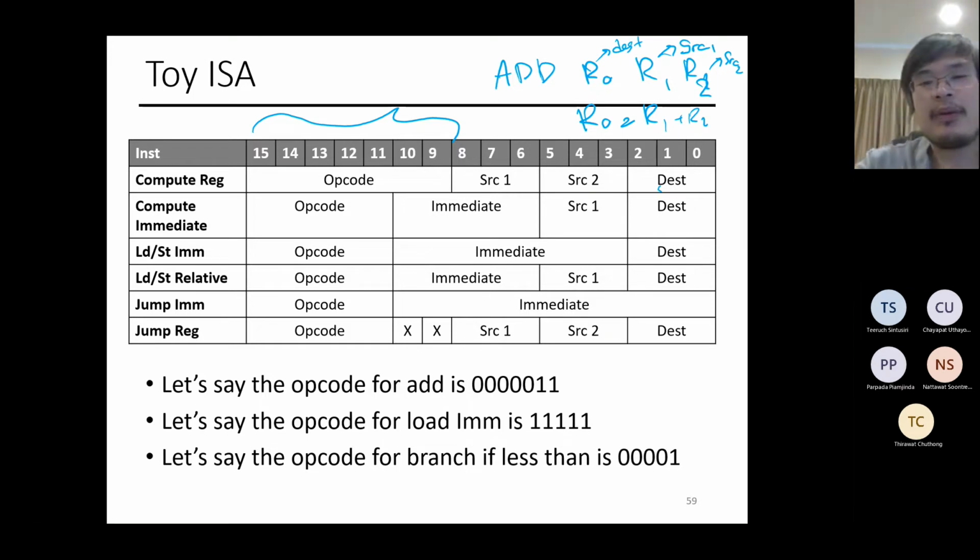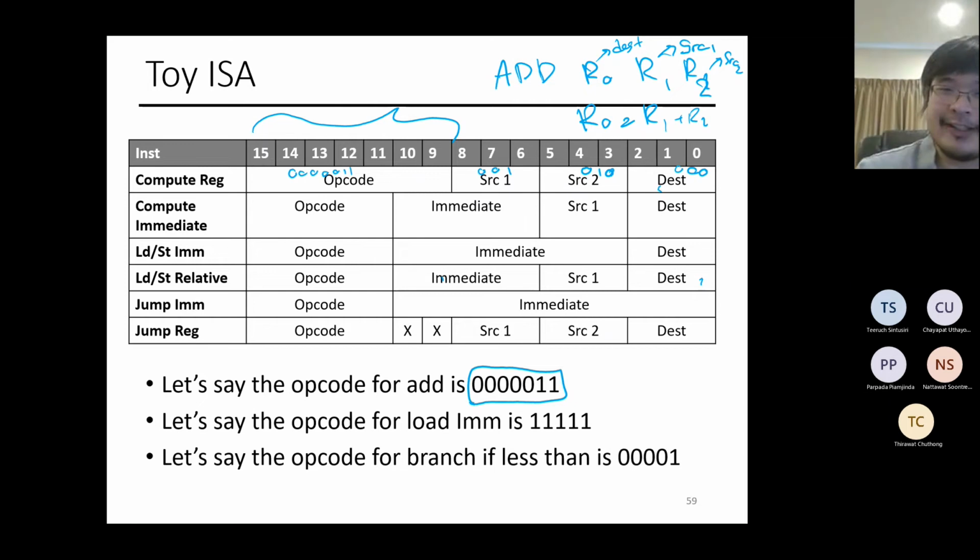And I just said the opcode for the add is 0000011. So what is the binary for this instruction? This part is 0000011, right? Source 1 is R1. R1 is 001, number 1. R2 is source 2. R2 is 010, right? Literally number 2. Destination, I want to write it back to R0, so this is 000.